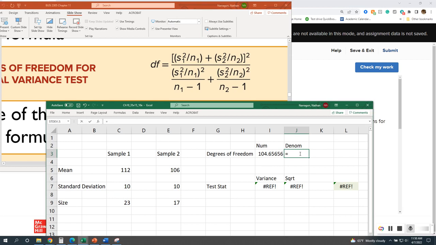So again, we're going to break it down. Power of our standard deviation 1, comma 2, divided by n, whoops, that's supposed to be that one, divided by n, comma 2, and divided by n minus 1.